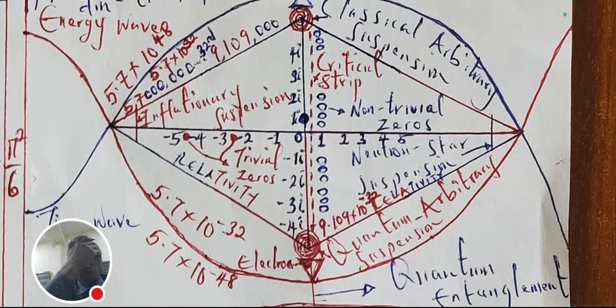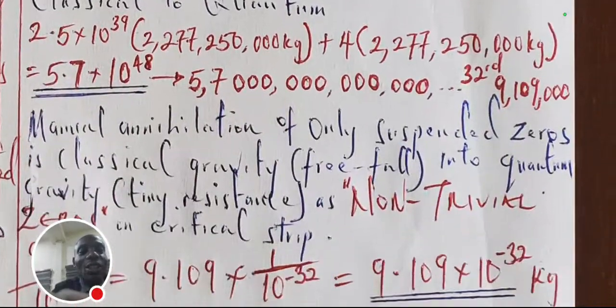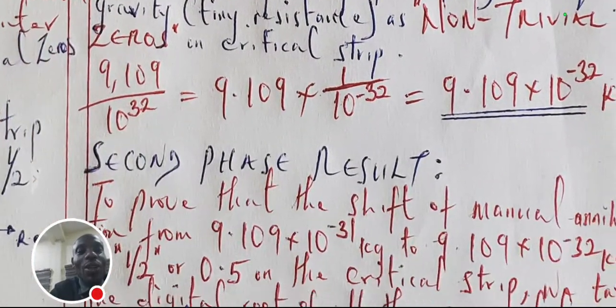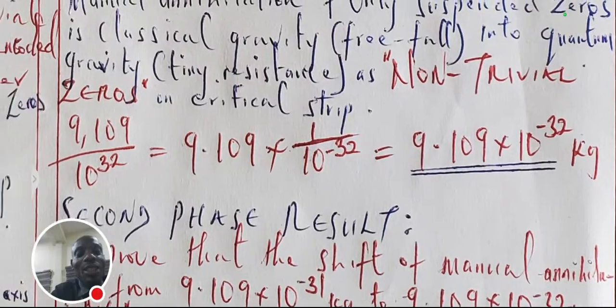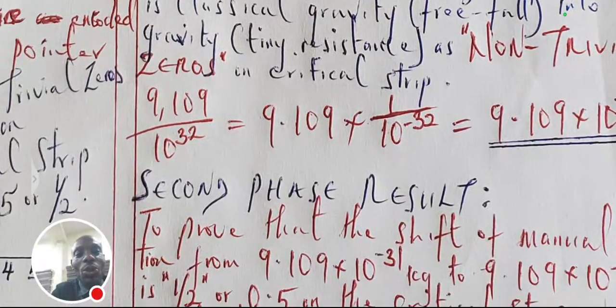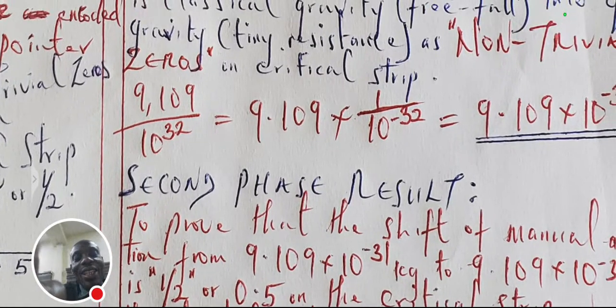But how can we confirm those zeros, the vertical zeros, the suspended zeros, because when you annihilate, just as we're going to annihilate it here, this is how we annihilate. I've been talking about annihilate, and I think I just have to show you guys. This is how we annihilate.